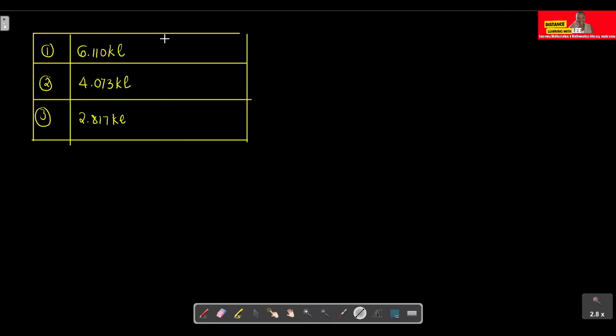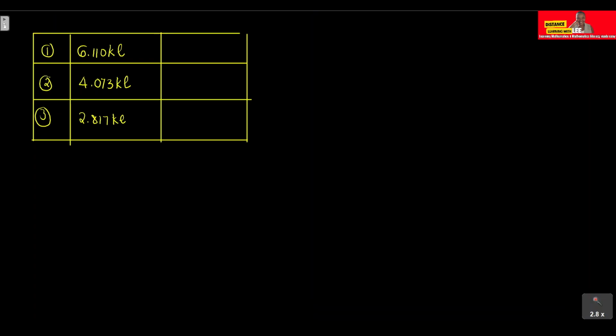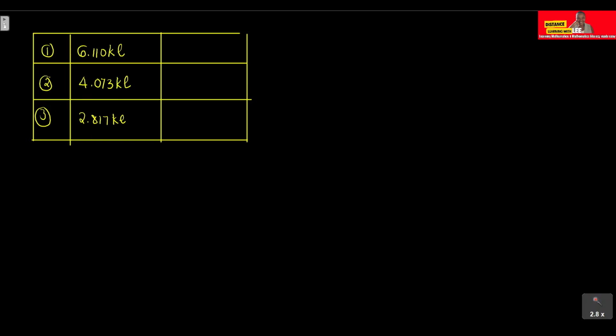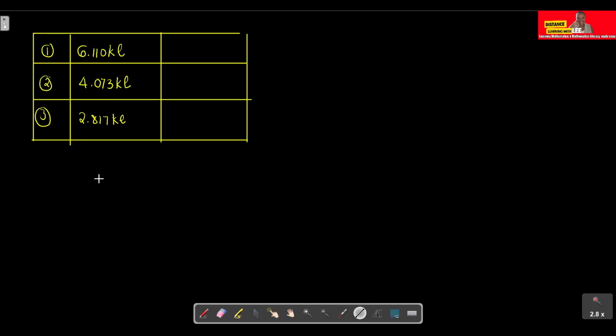And then we were given the tariff per kiloliter of water that he uses, right? In the first block it's 16.992900 per kiloliter. That is the tariff that he basically pays. So that means for every 1 kiloliter of water he uses, he pays 16.992900, right?